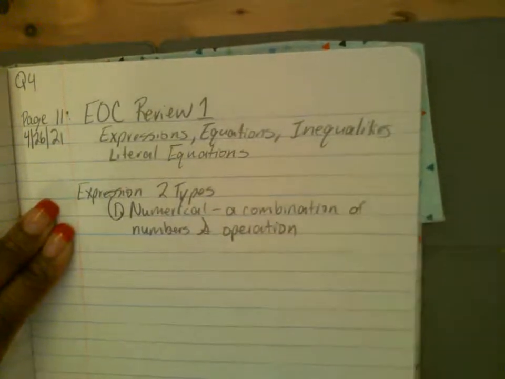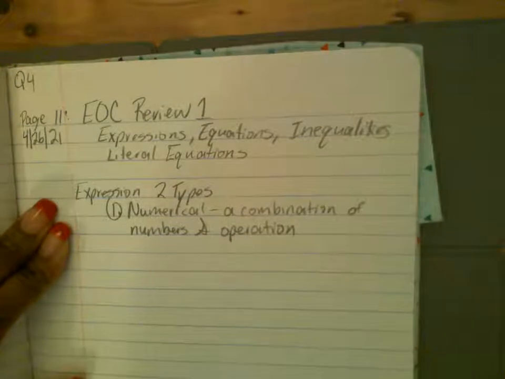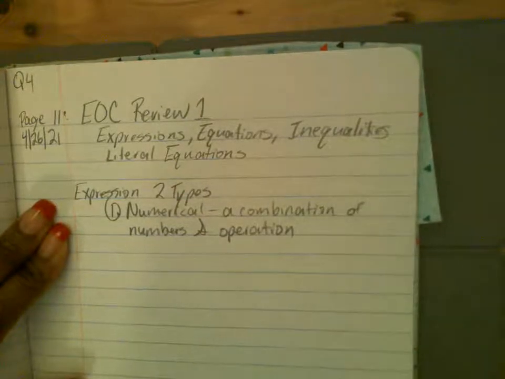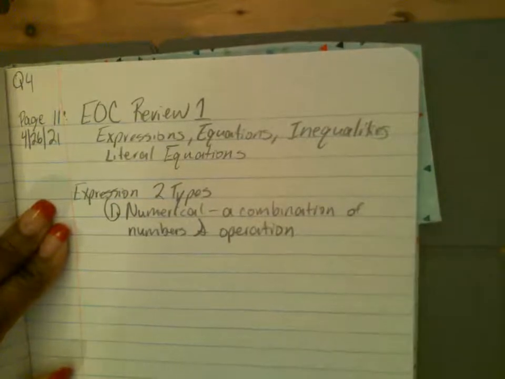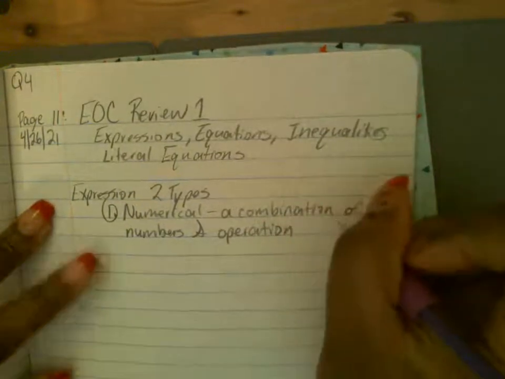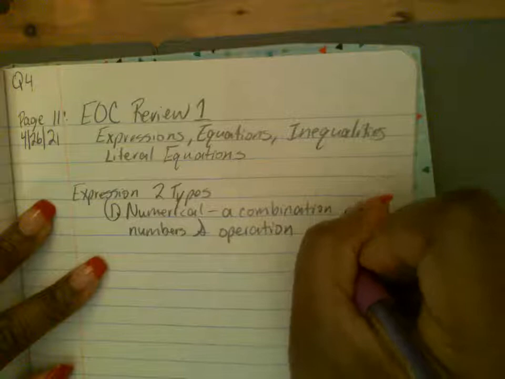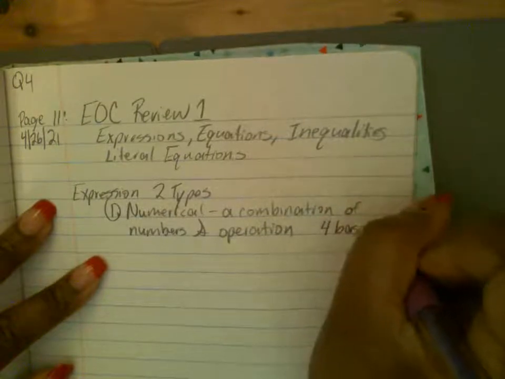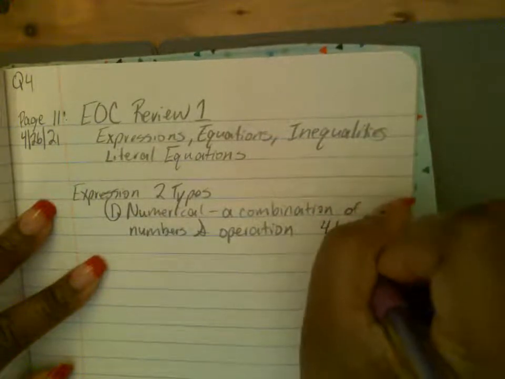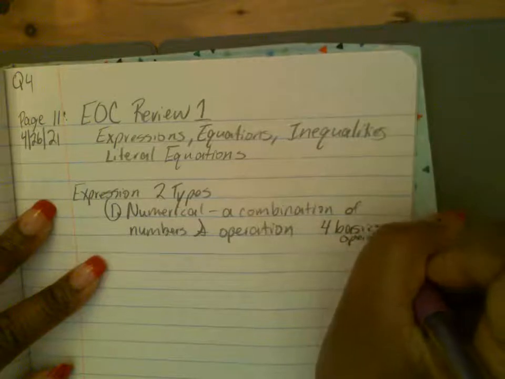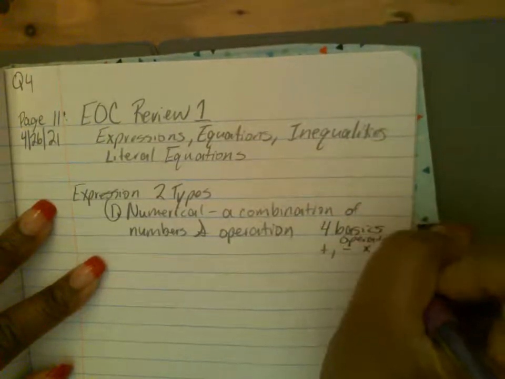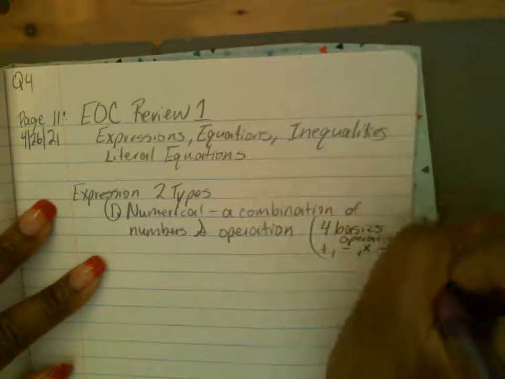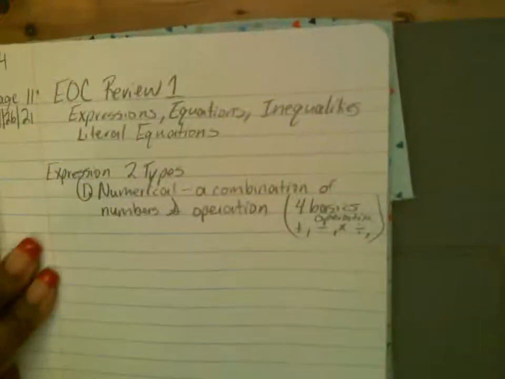If you have to put stuff on note cards after we finish taking the notes, please do that. This is stuff you probably already know, so you don't have to put this on note cards. We have 4 basic operations. Your basic operations, of course, are addition, subtraction, multiplication, and division.